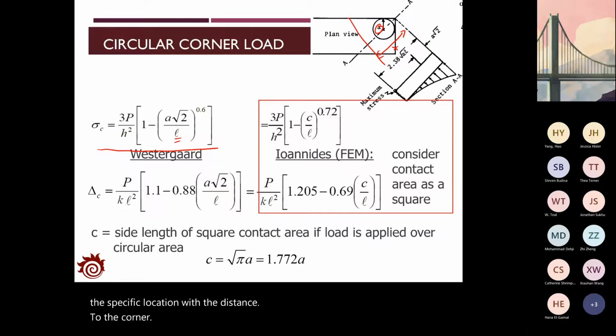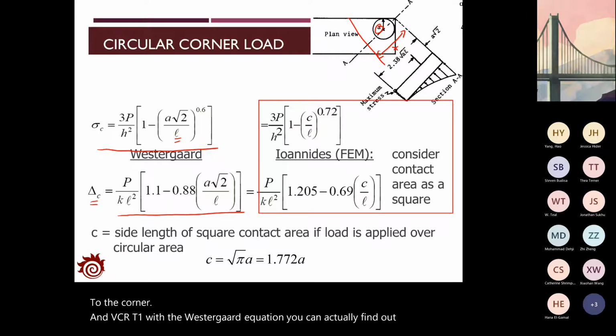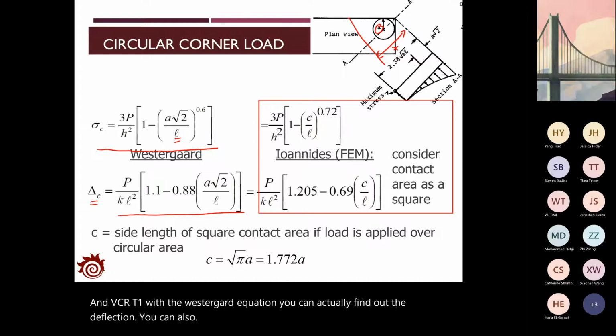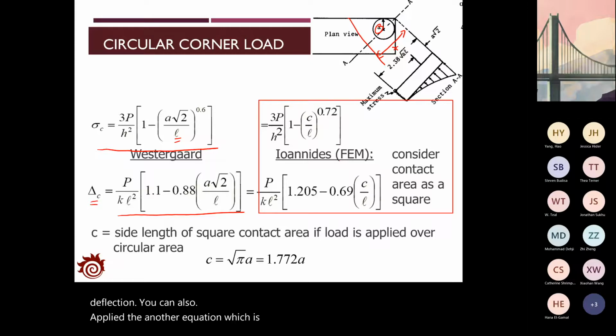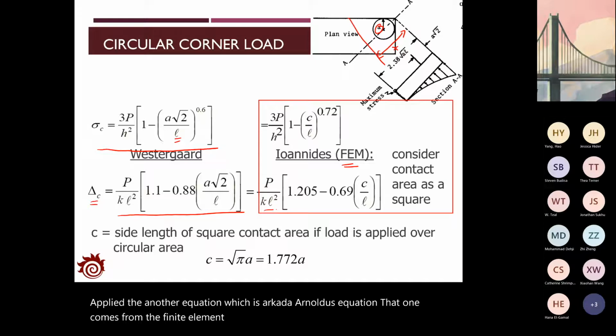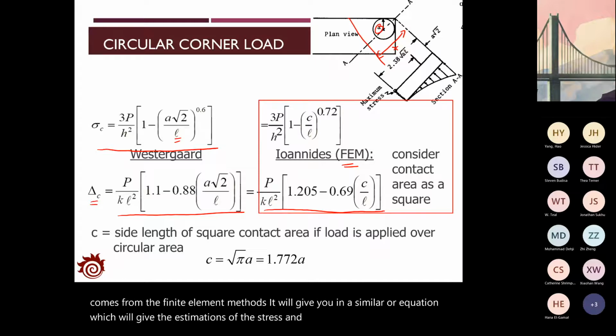And with the Westergaard equation, you can actually find out the deflection. You can also apply another equation, which is called Arnold's equation. That one comes from the finite element method. It will give you a similar equation, which gives you estimations of the stress and also the deflection.